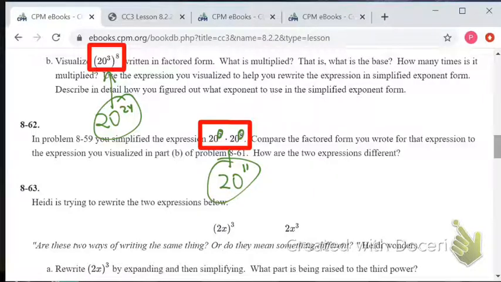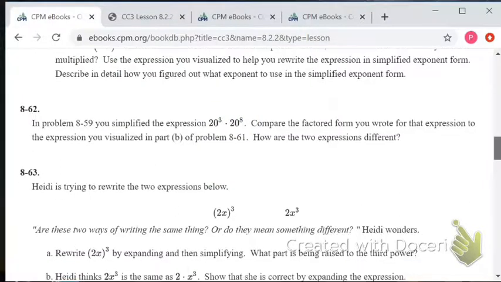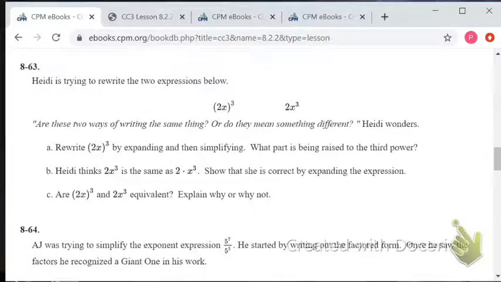Okay, we're going to do the last problem of today, 8-63. And this is the trickiest part. Very common mistake here. I want you guys to analyze our 2 examples here. I have, in parentheses, 2x raised to the 3rd power, and then I have just 2x to the 3rd power. Big difference.